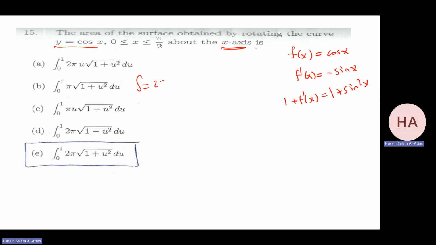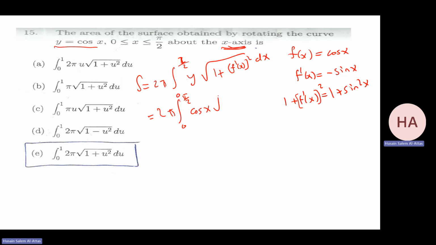So S will be 2 pi, integral from 0 to pi over 2, y, since I have the square root of 1 plus f prime of x all squared dx. Don't forget all squared. That gives me 2 pi from 0 to pi over 2 of y, which is cosine x, times the square root of 1 plus sine squared x dx.